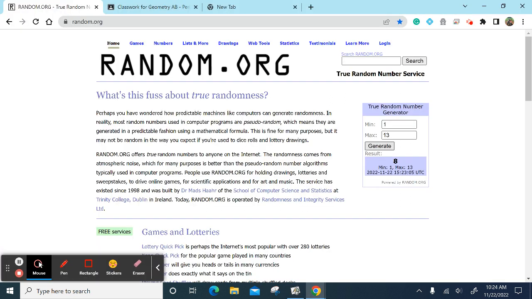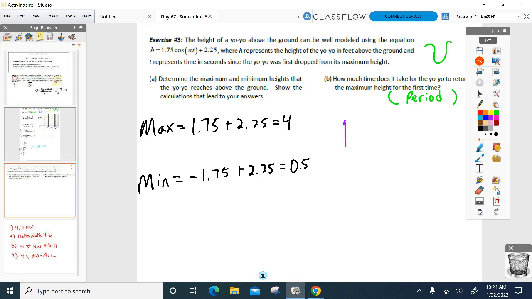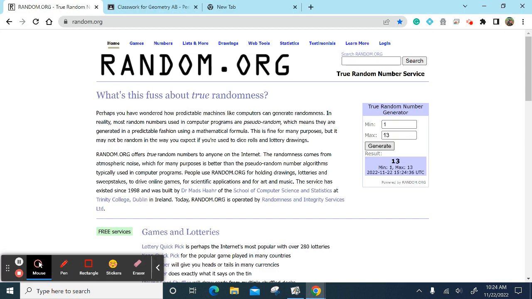How do you find it? What's the formula we've been using? 12? Yep. Now I look at my equation, and I got to know where the b value is. We have an a, a b, and a c in every equation. Where's the b value located in this equation?